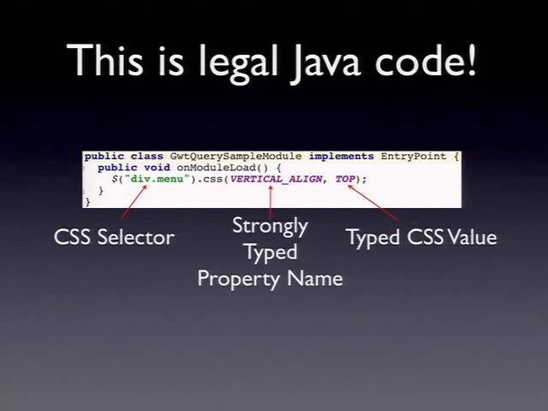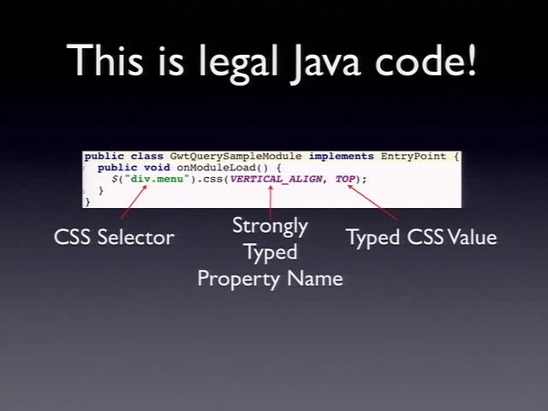So what this code would do is find all of the div.menu items in the current page that this is running on and set their vertical align property to top. Now, what's interesting about this is that I'm not doing quote vertical dash align quote comma quote top quote like you would do in jQuery. In actuality, these are type-safe enums.